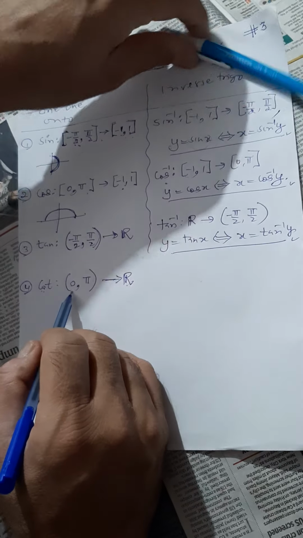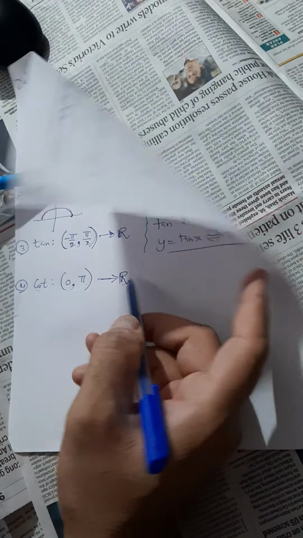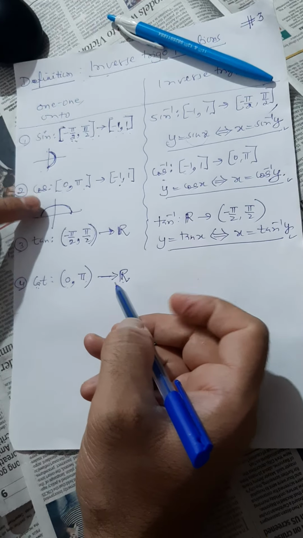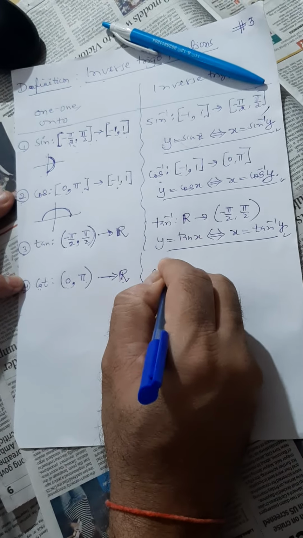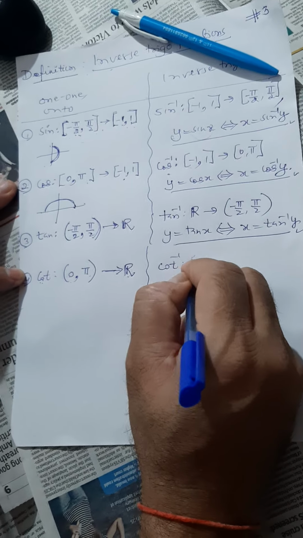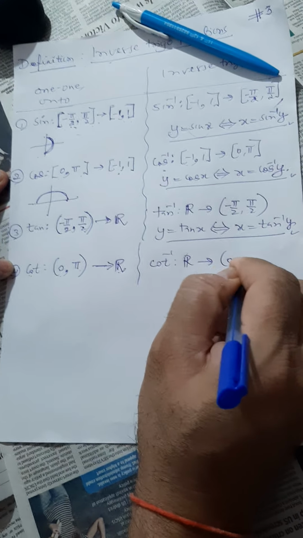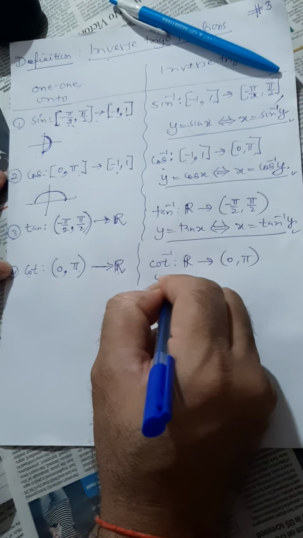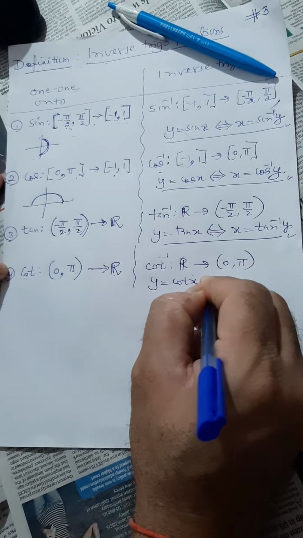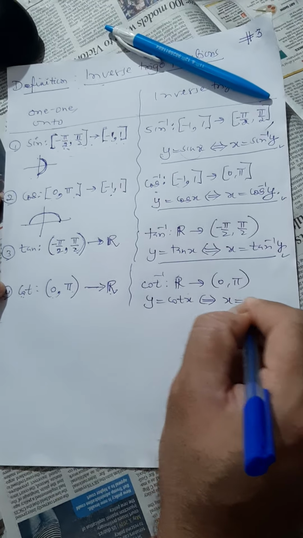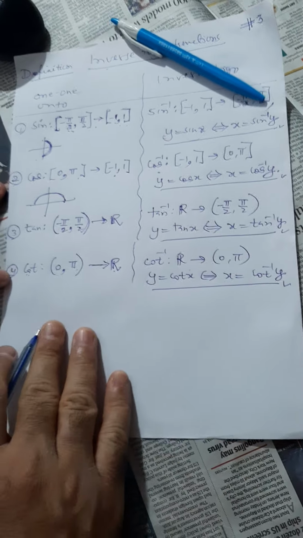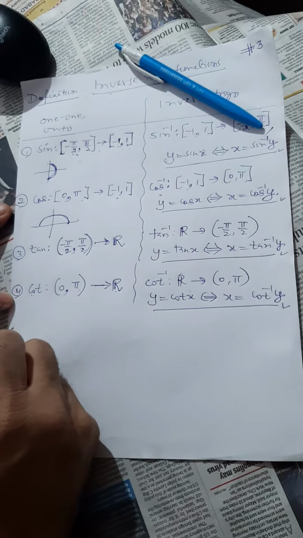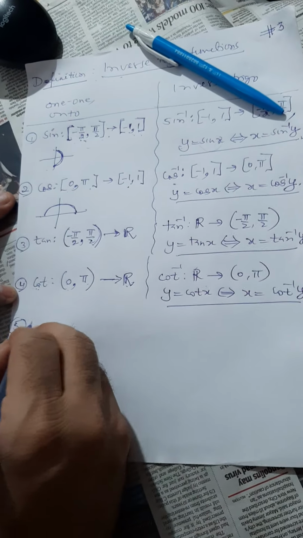So it is just from this function, open interval 0 to pi, whereas there we have the closed interval 0 to pi. Now cot inverse will be a function from all real numbers to the open interval 0 to pi. y equals cot x if and only if x equals cot inverse y. The definition is the same everywhere.